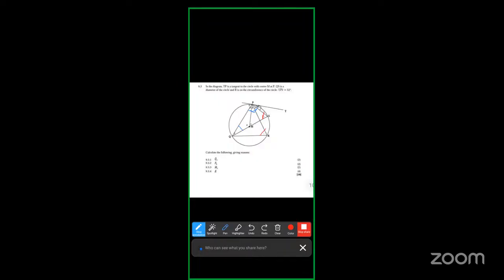Or you also can go for this diagram right here, and then angle R is 2 times that angle. Remember, we somehow found this angle somewhere when we were finding M1. And then you have this angle right here.